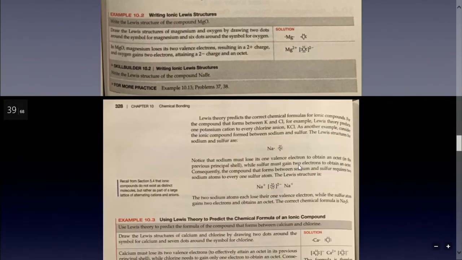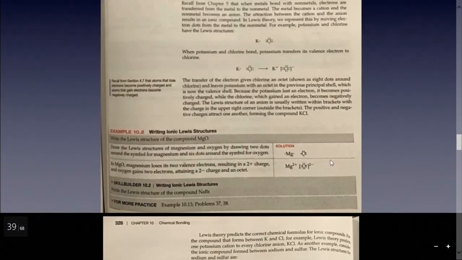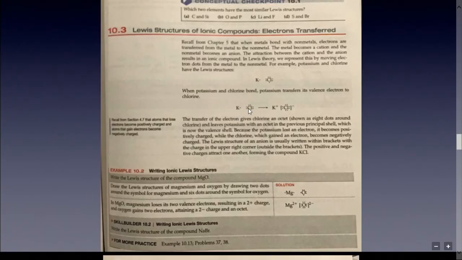All right? Now, where it gets quite complex is if you actually have more than one cation or more than one anion. And that would happen when you have this example here. You see Na2S. So we have 2 sodiums in the ionic compound. Whereas up here, we were just dealing with 1 element and 1 element.